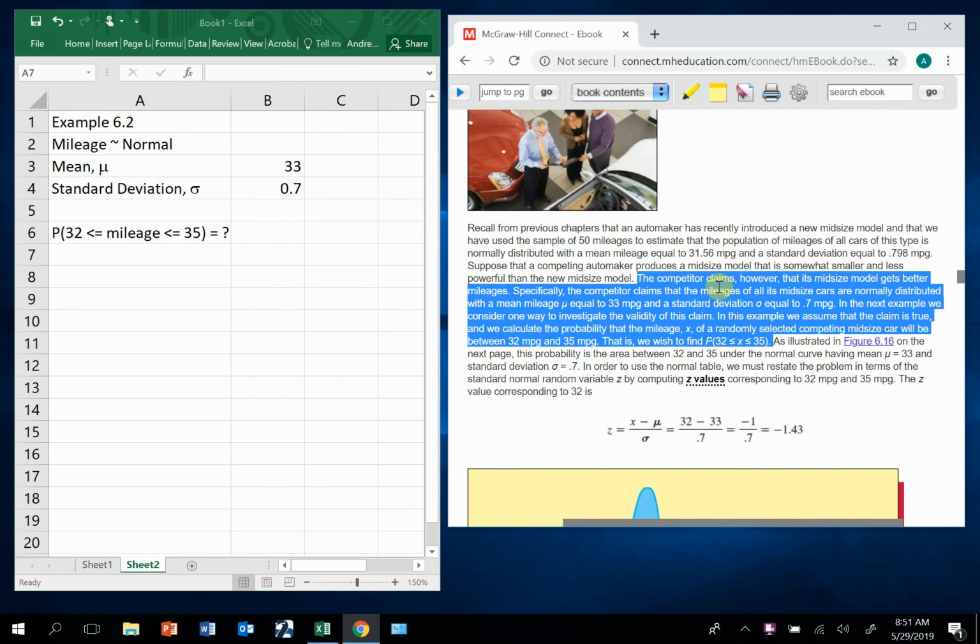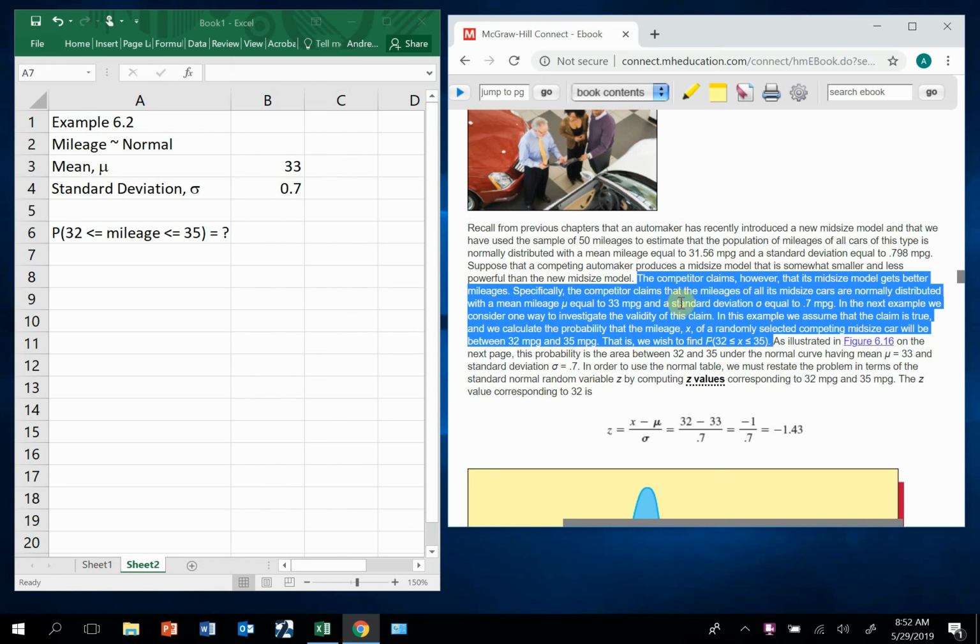We have a car company who claims that the mileage of a particular model averages 33 miles per gallon with a standard deviation of 0.7. So if that's true, what is the probability that my mileage would be between 32 and 35 miles per gallon?